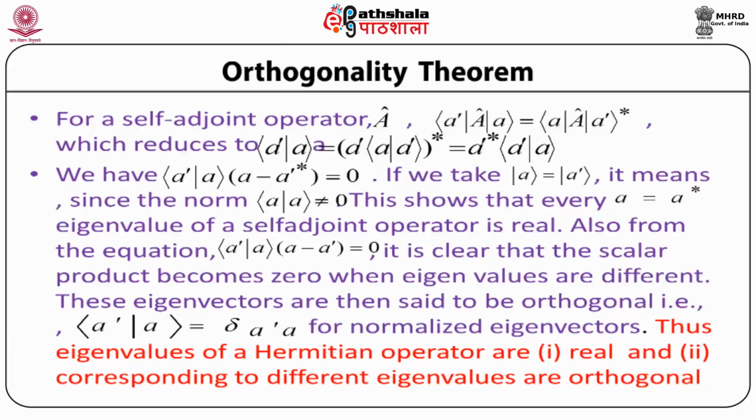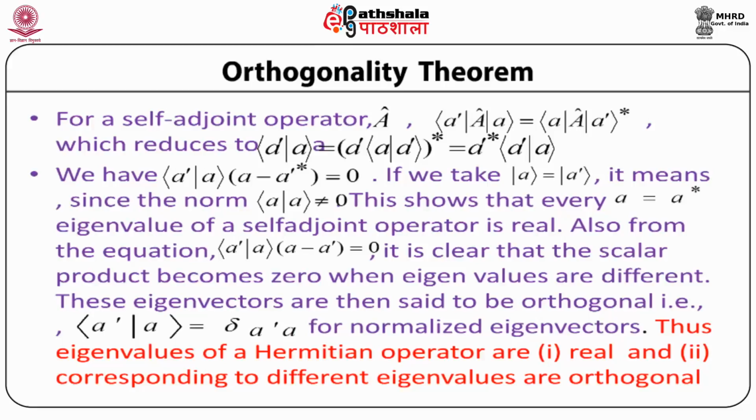Thus, if we take ket vector a equal to ket vector a prime, since the norm bra vector a ket vector a is not equal to 0, this shows that a is equal to a star, and the eigenvalue of a self-adjoint operator is real, since a star is the complex conjugate of a. So, if the eigenvalues, that is a and a star, are equal, then such eigenvalues for a self-adjoint operator are said to be real.